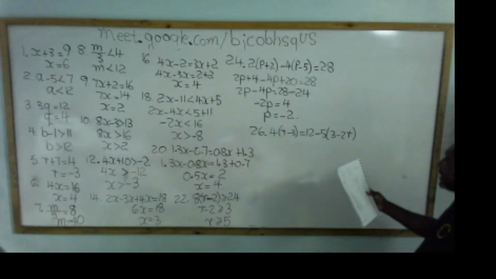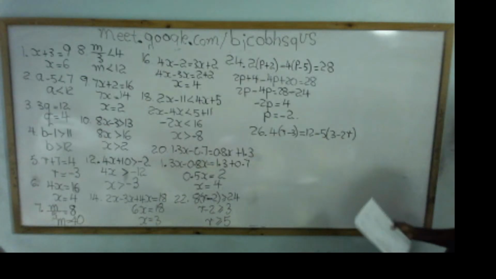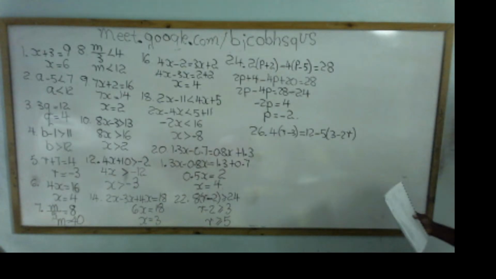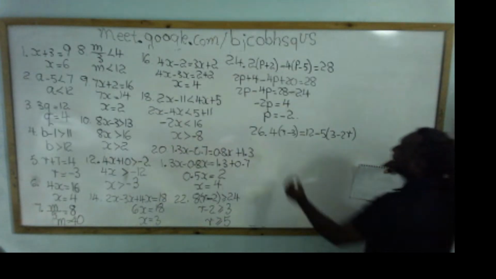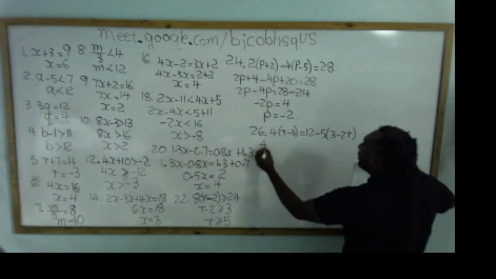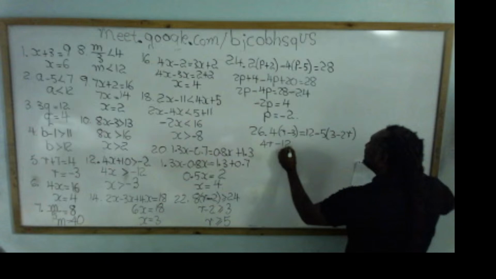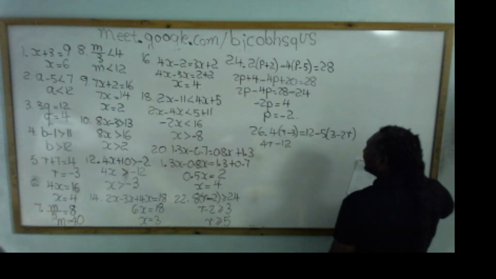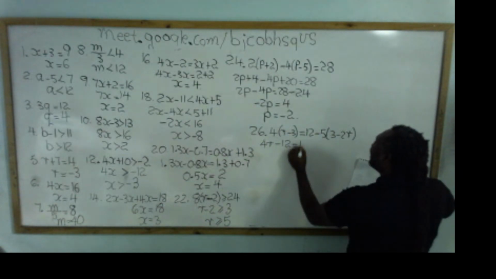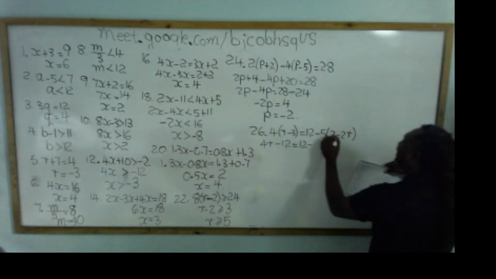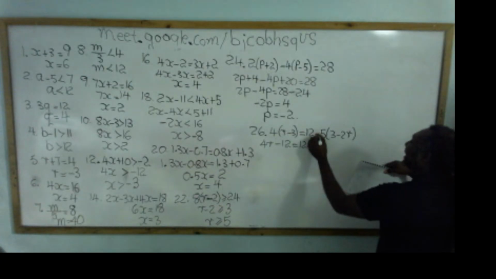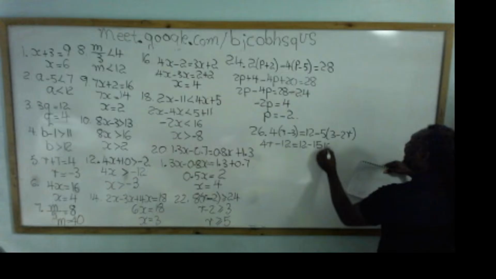Well, it's surely not hard. Let's continue. Expand the brackets. We have 4r minus 12 is equal to 12 minus 5 times 3, which is 15. Don't forget that negative times negative is positive. 10r.